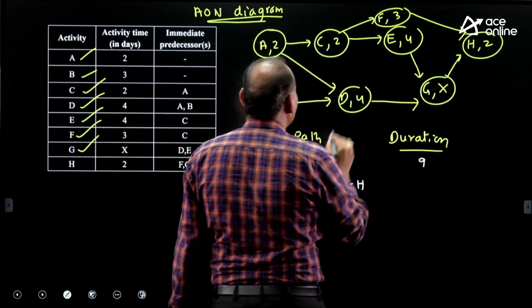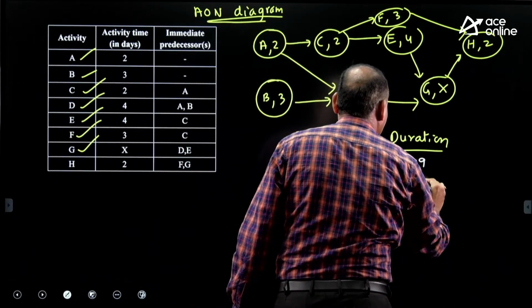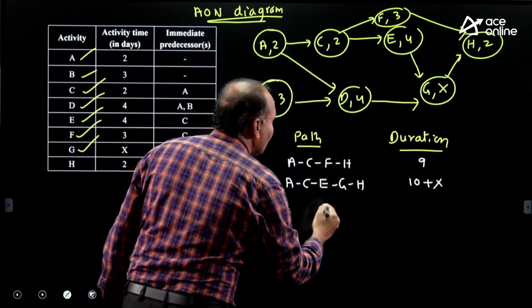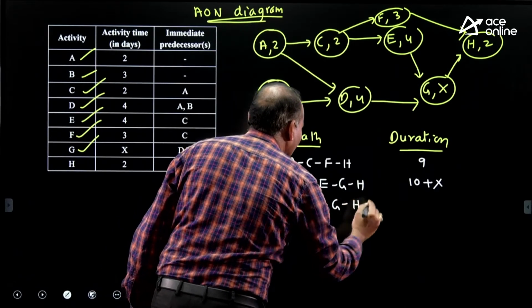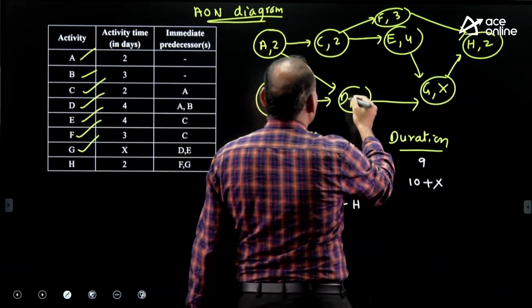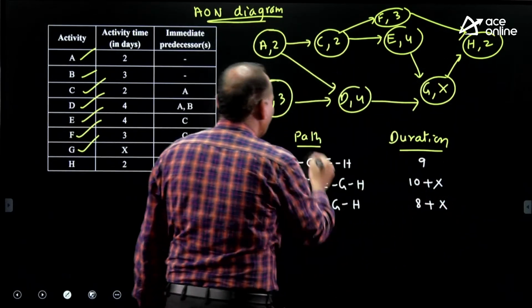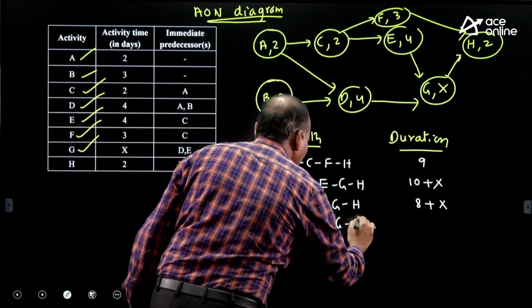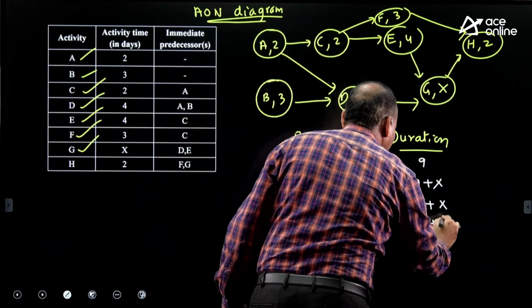Along this path, 2 plus 2 4, 8, 8 plus 2 10, 10 plus X. Next ADGH. Along this path, 6 plus 2, 8 plus X. Next BDGH. 7 plus 2, 9, 9 plus X.